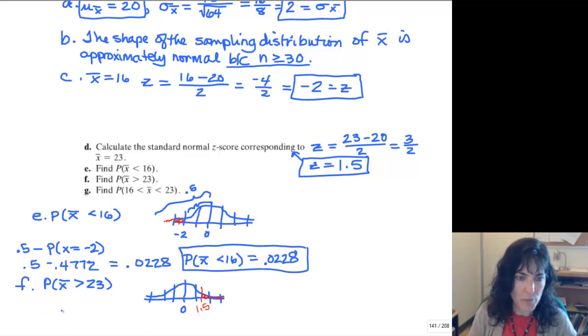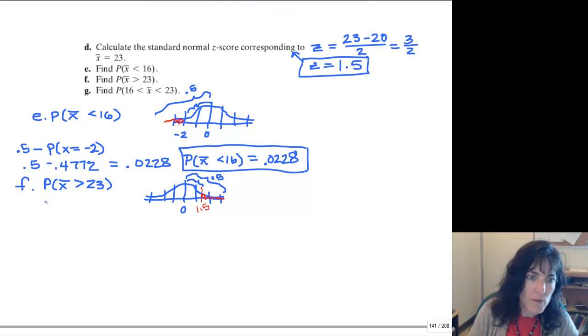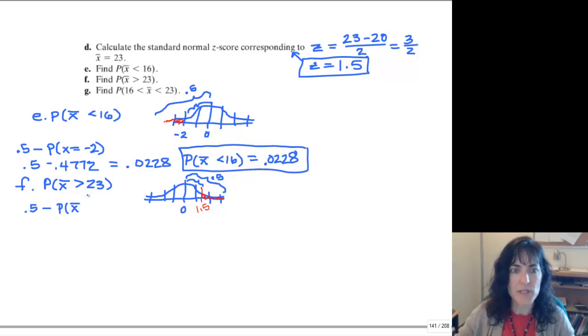Back to the drawing board here. That means I have to again find the distance from here to here and subtract off the distance from here to here. So I know that one's 0.5. So it's going to be 0.5 minus, and when I look up the probability that, and it's actually z now. I wrote that wrong on the last problem. Let me fix that too.